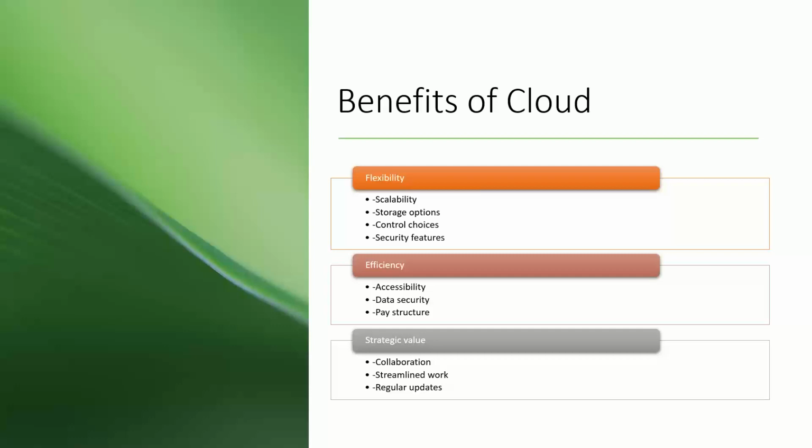Security, collaboration, and pay structure. A very important thing one should learn is the pay structure, right? You pay only for what you use. Let's say you use 1 GB of space, you pay only for 1 GB of space, right?